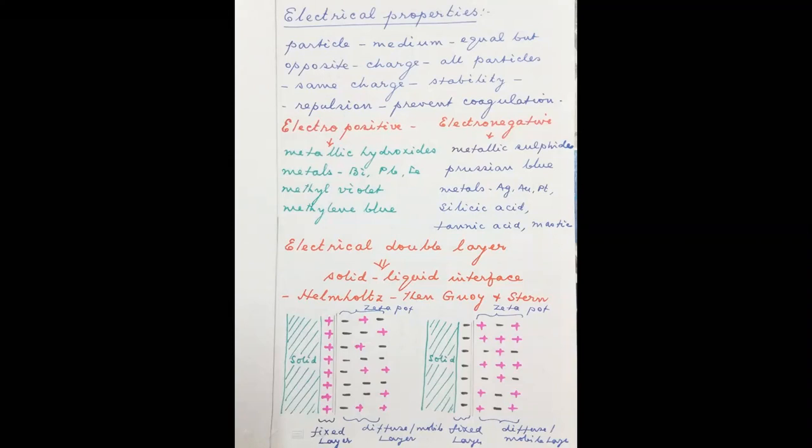See, there are electropositive colloids and electronegative colloids. This positive or negative nature is the nature of the colloidal particles. See, the metallic hydroxides and metal dispersions like bismuth, lead, and iron, or the indicator methyl violet or methylene blue, these are all some of the examples of our electropositive colloids.